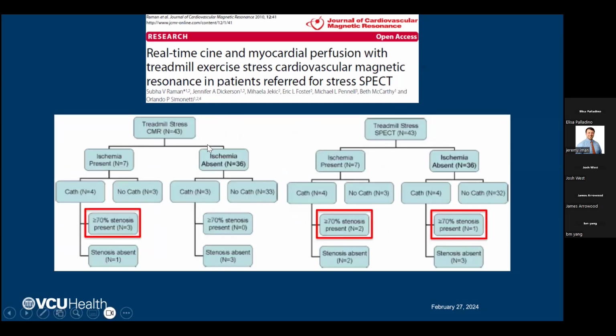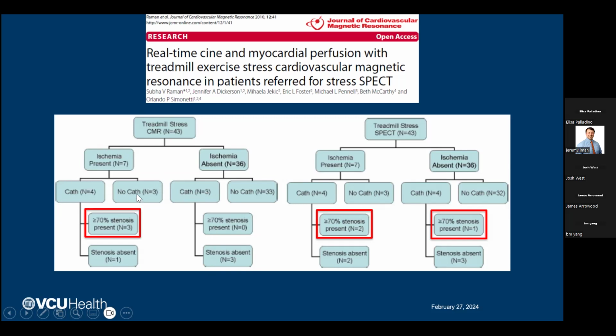And what they found was that with treadmill stress CMR, we'll take the patients with no ischemia on the test. Still, 3 of them went for cath, I presume because they had positive SPECT studies, and none of those patients had a stenosis greater than 70% on cath. The patients with ischemia present, 4 of them went for cath.